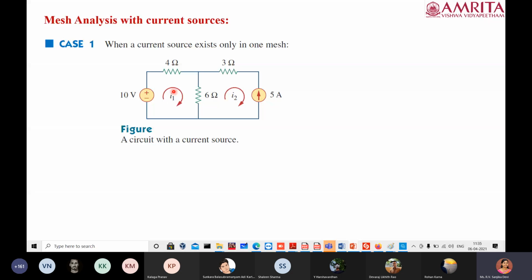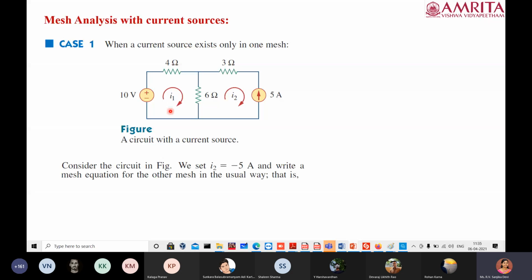When there is a current source present only in one mesh, the number of equations reduces and it is easy to solve. For the first mesh we will write a KVL. For the second mesh, there is no need to write a KVL equation. Instead, we can directly find the unknown current I2. You observe in which direction I2 is flowing and in which direction the current source is generating the current.